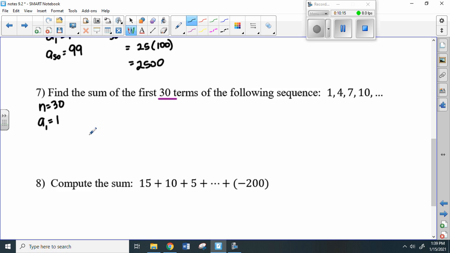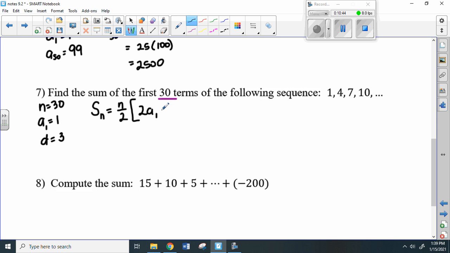But what I can figure out pretty easily is what is d? What am I adding or subtracting every single time? That is 3. So based on what I have, the second formula, the one that was a little bit longer, is going to be the more ideal formula.